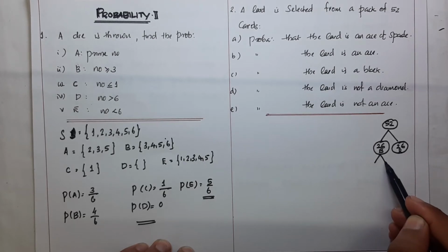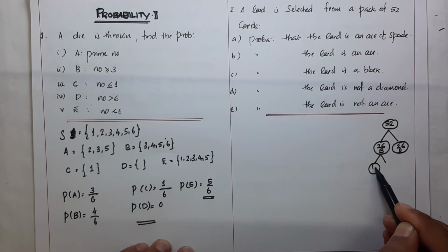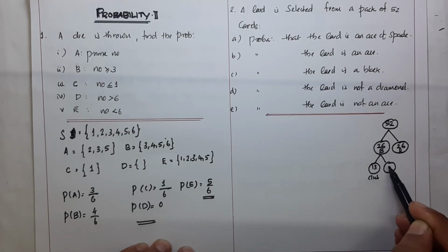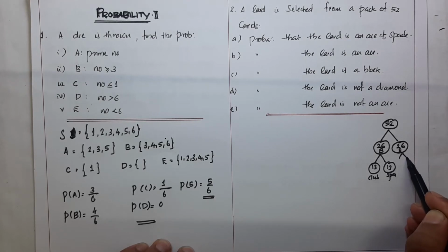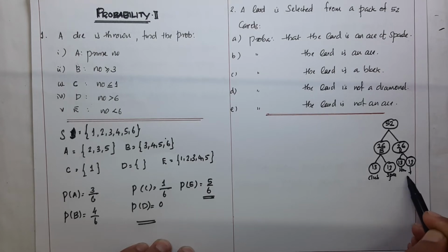In the 26 black cards, 13 are club and 13 are spade. In the 26 red cards, 13 are heart and 13 are diamond.